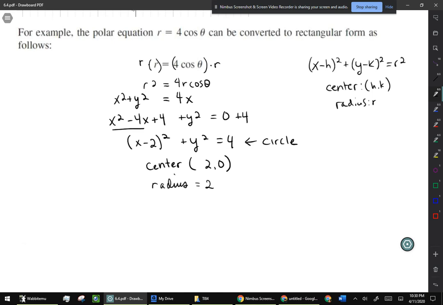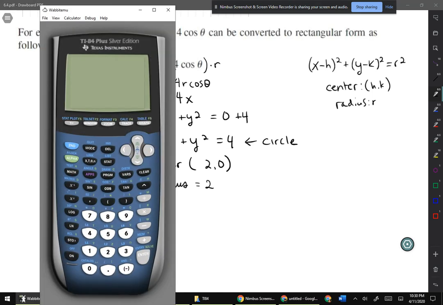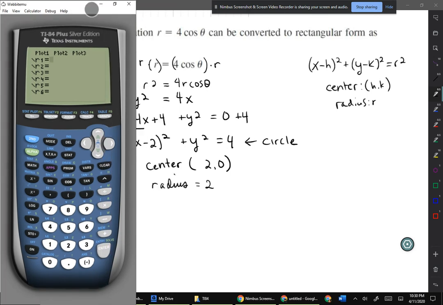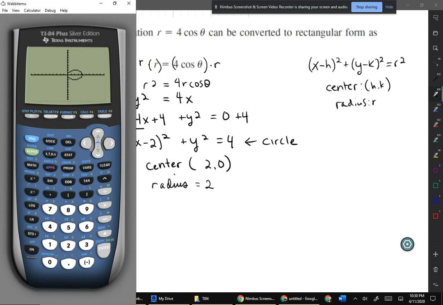And let's confirm this by looking at the calculator. Go here, clear that out, and we're going to put in 4 cosine theta. Graph. And I'm going to go to zoom, and I'm going to do square.